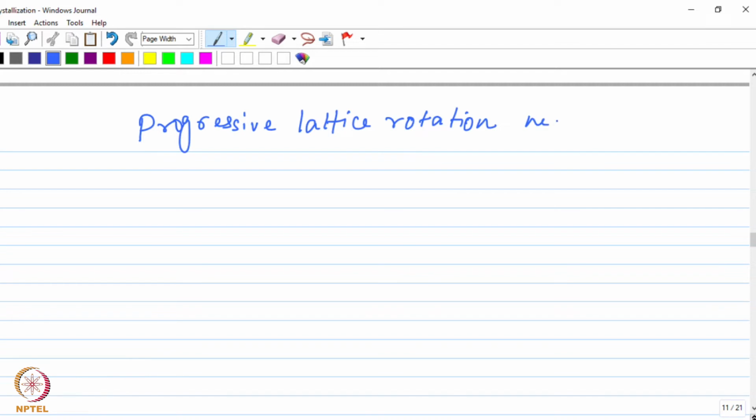In the previous case, also there was some involvement of the lattice rotation, but there was another mechanism which was operating, that was the dislocation accumulation along the subgrain boundaries. So here there is a lattice rotation near the grain boundaries through which the misorientation can also increase.